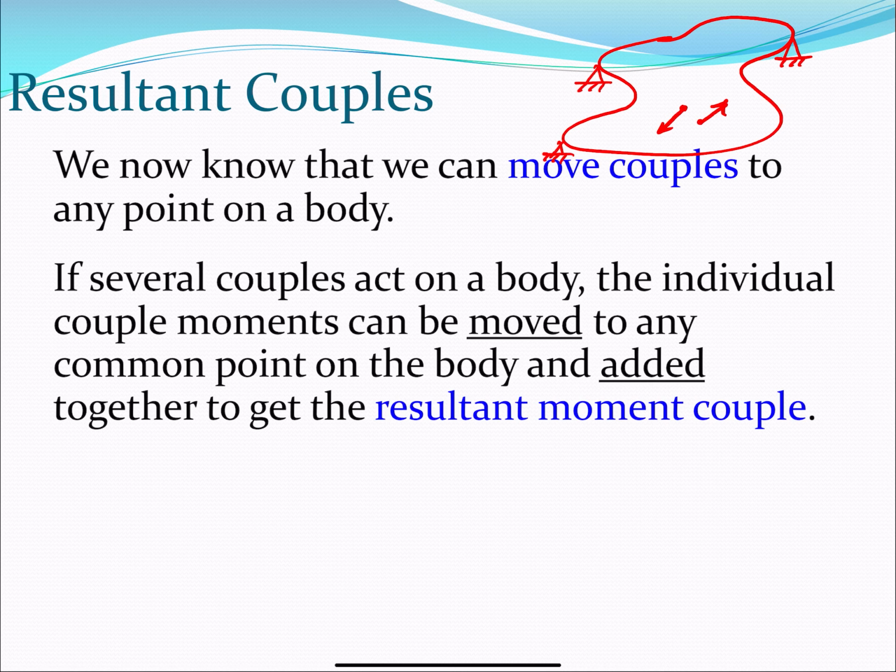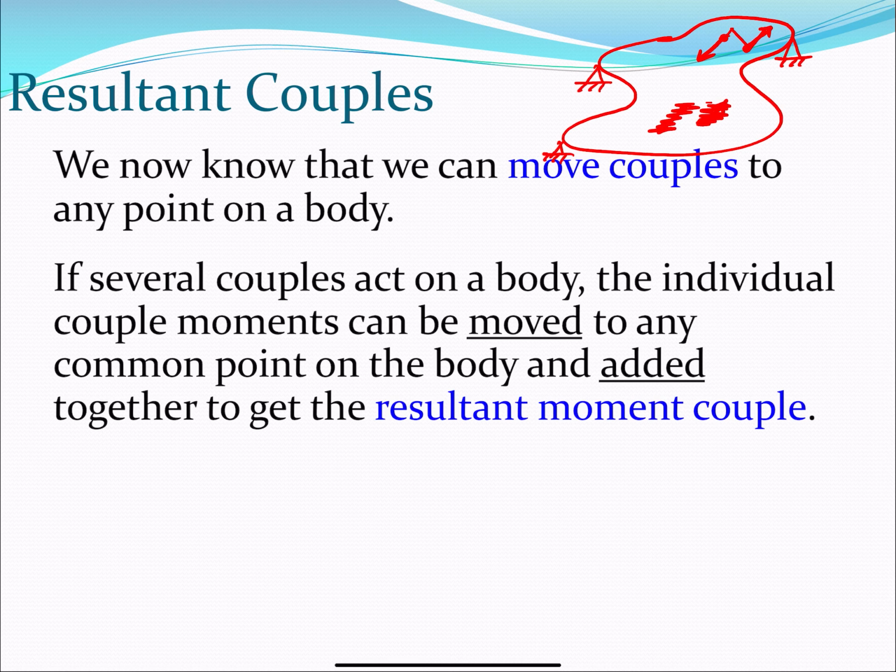Well, we can move that couple to a different location, and we will keep the same rotational tendency on the body, because the position of the couple doesn't matter. It's just force times distance, and that is what gives the total moment.